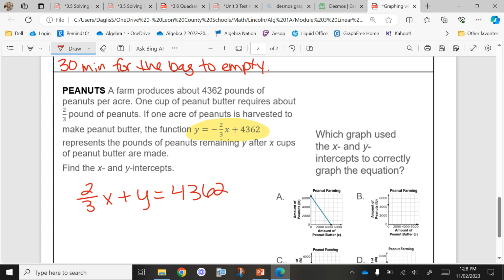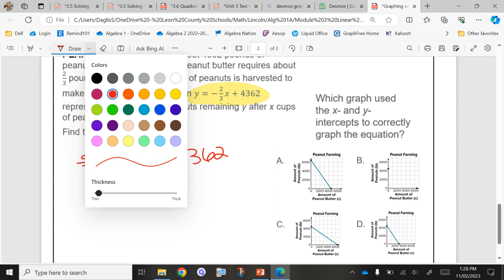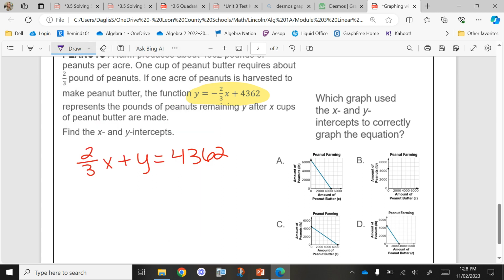So my 2/3 was negative. To move it over, we get to make it positive. Now we're going to find our x and our y intercept. What equation am I going to use to find the x intercept? 2 over 3x equals 4,362. Yep.